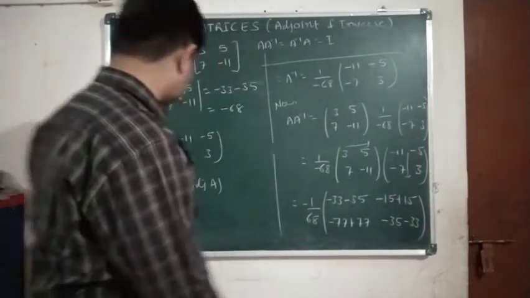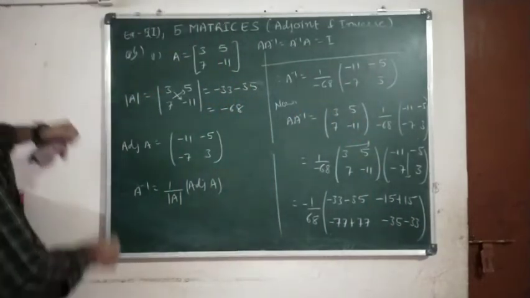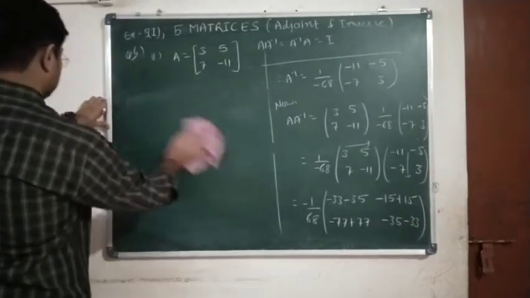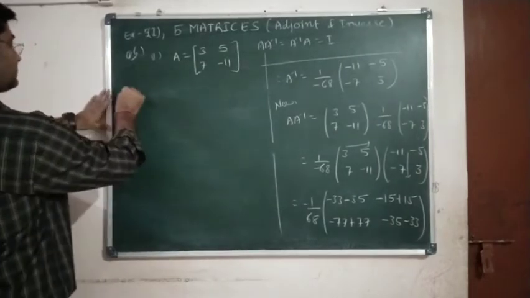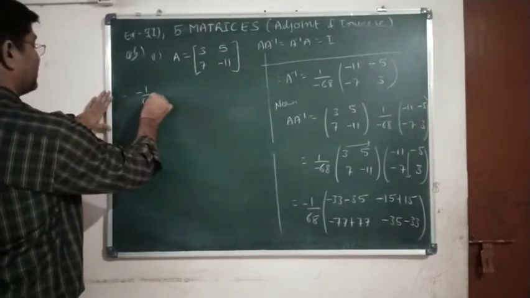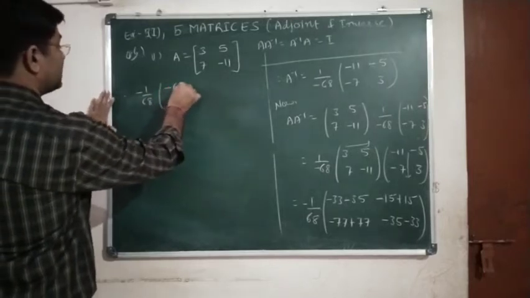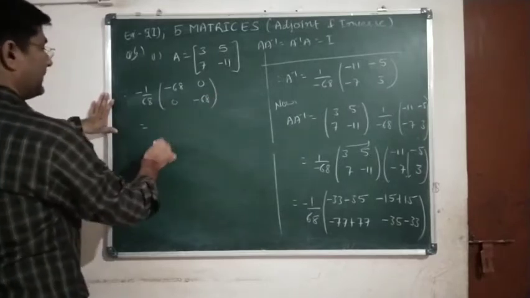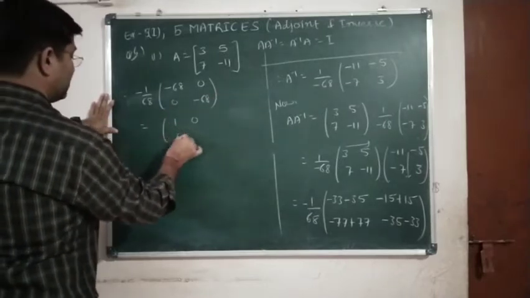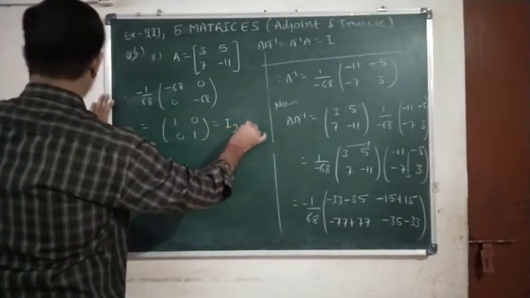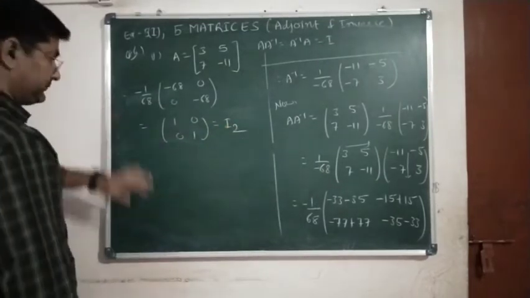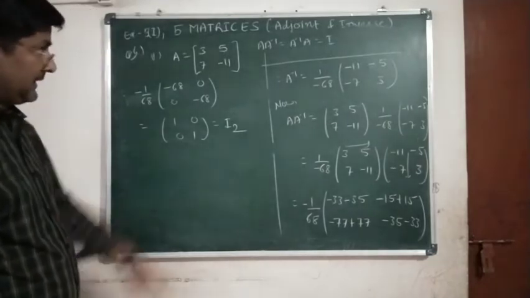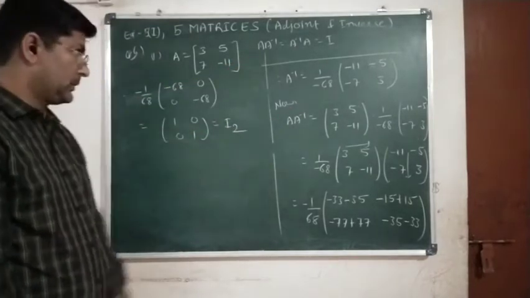Okay, so we are done with multiplication. Let us simplify and write down. Minus 1 upon 68 times the matrix minus 68, 0, 0, minus 68. If you divide by minus 68, we get 1, 0, 0, 1, which is equal to I2. So we have proved that A into A inverse is equal to I.